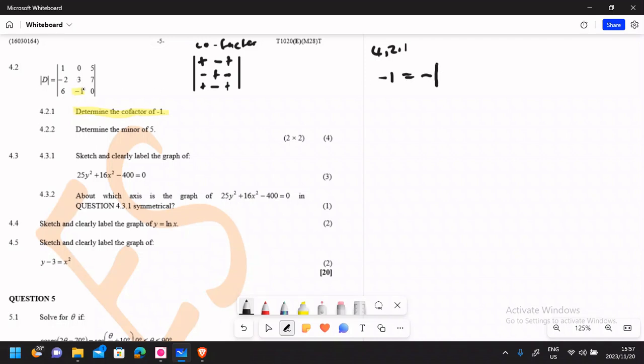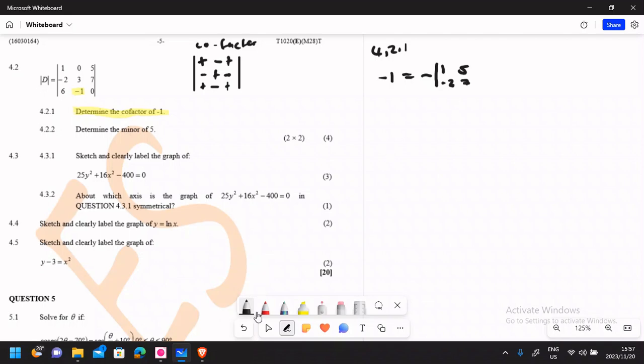Remember, when the minor is -1, this row cancels and that column cancels. Left with 1, and then 5, and then -2 and 7. There we go.